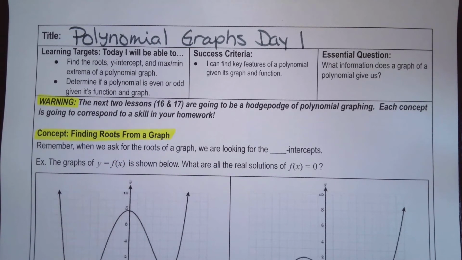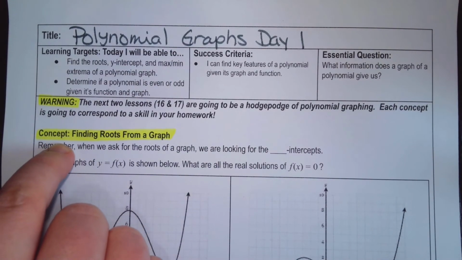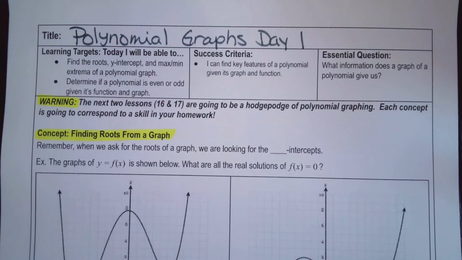So when you go to your Delta Math and you read the title of the skill, you're going to come back to your notes and find that highlighted as a concept. So that's how this is going to go. But all of these skills are related to either graphing polynomials or the graphs and identifying items from polynomials.